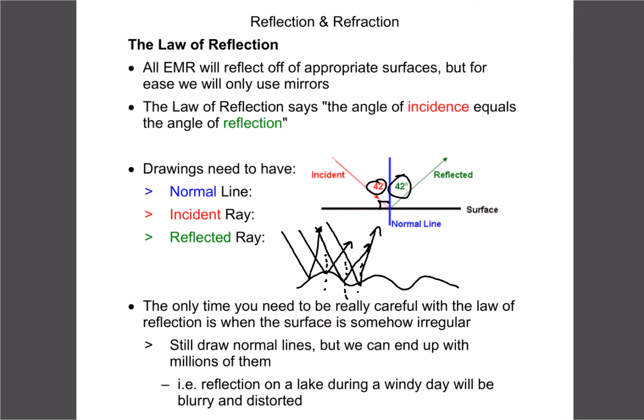So we're going to get rays coming in and going out at different angles, and therefore the image that we would see then will not be clear. It would be blurry and sort of distorted a little bit. And that's why if you look at water that's not perfectly smooth, we don't get a nice mirror reflection. It's kind of a blurry image instead.